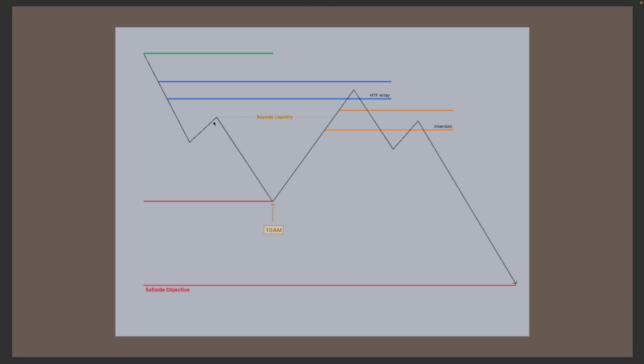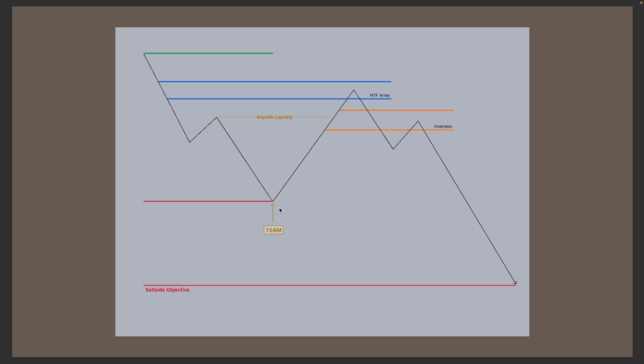Now, this graphic can look a little confusing right now, but I will walk you through it using that same logic. Okay? So our sell side objective is here. By extension, our bias is bearish. This can be the opening range anytime before 10 a.m., the price leg before 10 a.m. that we're delivering from, right?